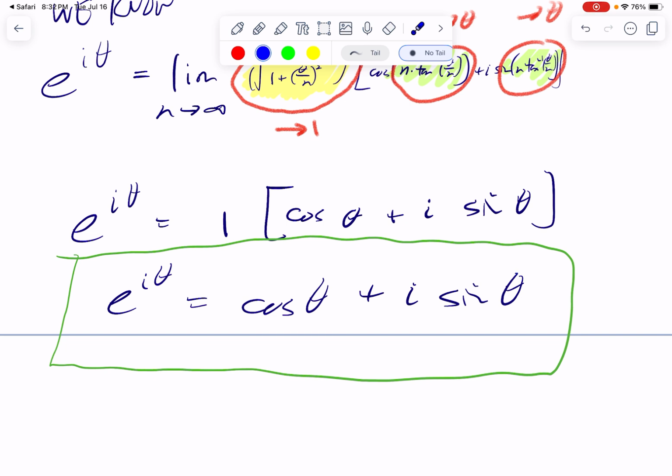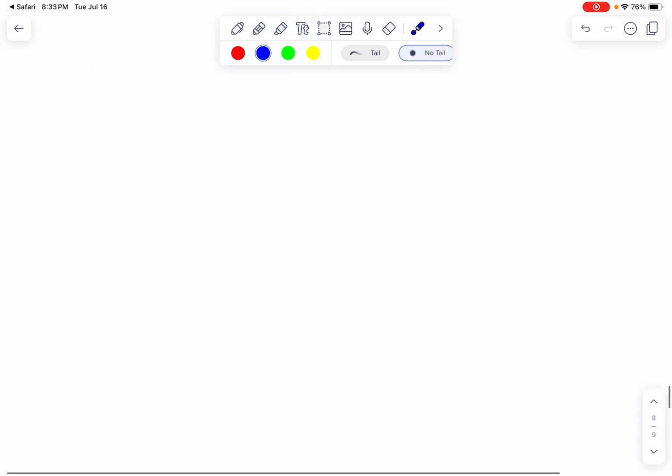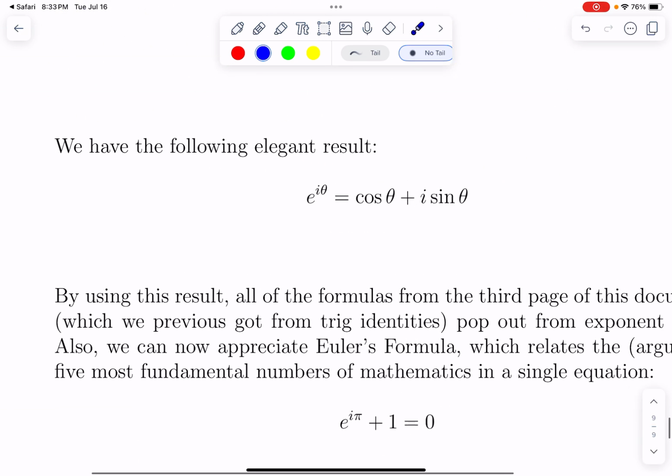But many students don't know where this comes from, and that feels artificial. Okay, but what does it mean to raise e to this imaginary power? It means the real part is cosine of whatever we were multiplying i by, and the imaginary part is sine of that.